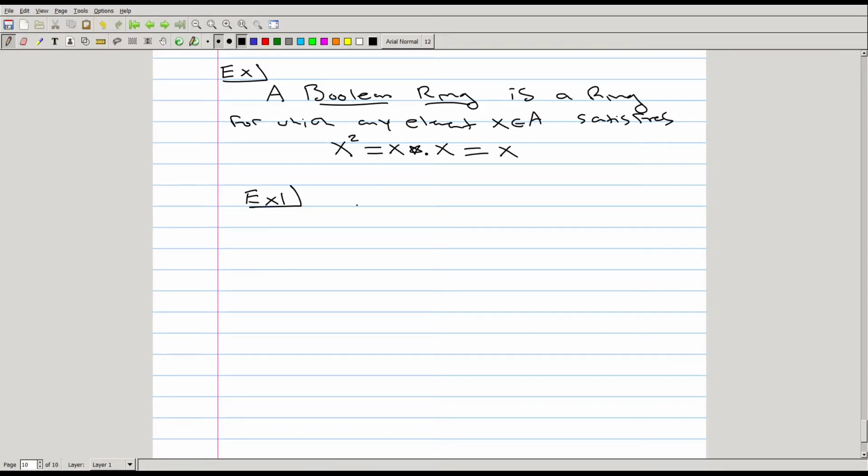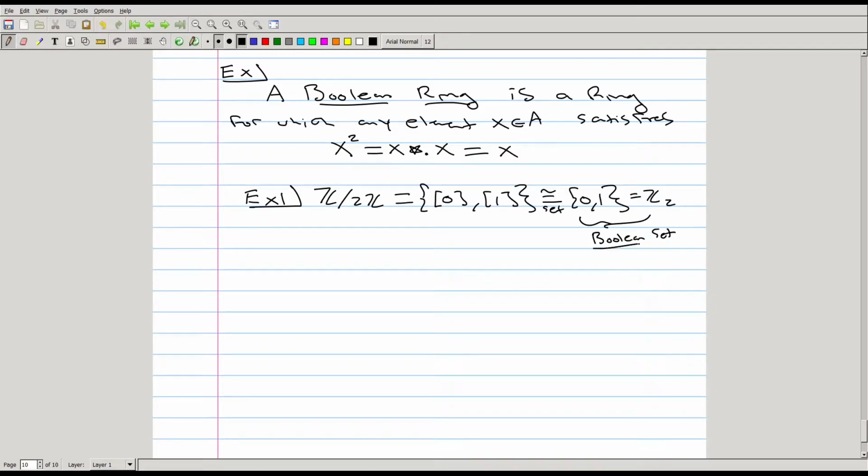So for one example of a Boolean ring, consider the set Z mod 2Z, the set of integers modulo 2, which is two equivalence classes, the equivalence class of 0 and the equivalence class of 1. We know this is set-theoretically isomorphic to the set {0, 1}, which is Z2, and we sometimes call this a Boolean set because it's a set with just a 0 value and a 1 value in it.